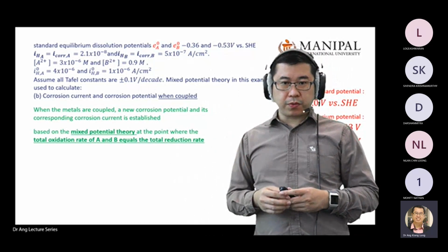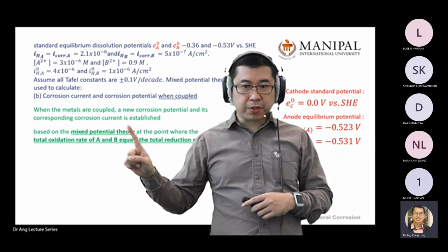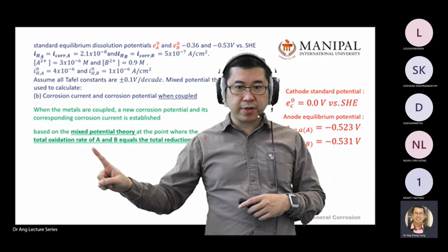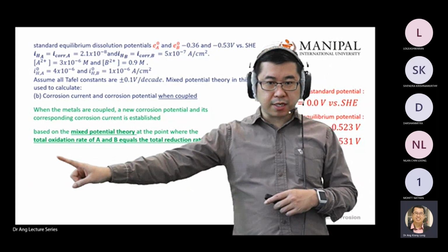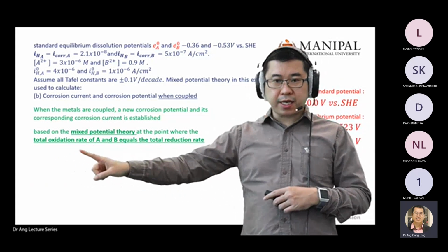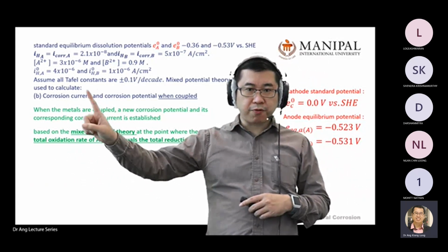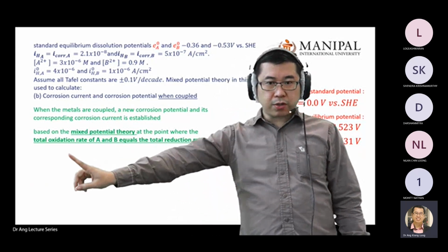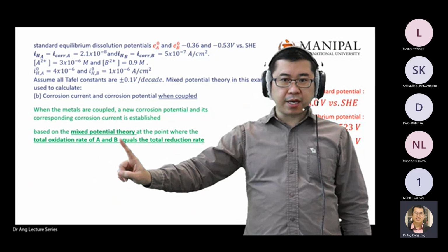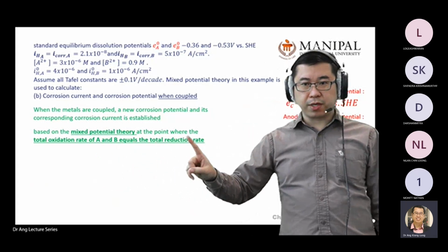So we will use mixed potential theory: the total oxidation rate of A and B equals the total reduction rate. This is the main key that we will use to solve scenario B when they join together.